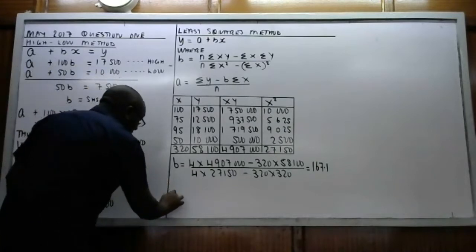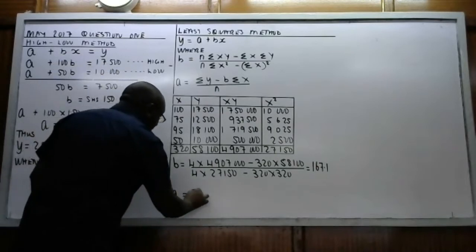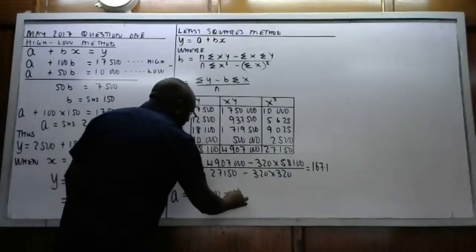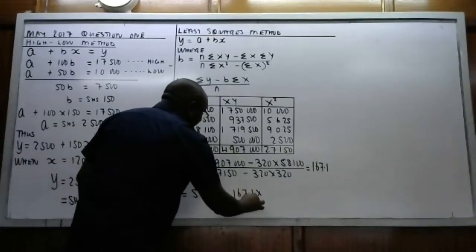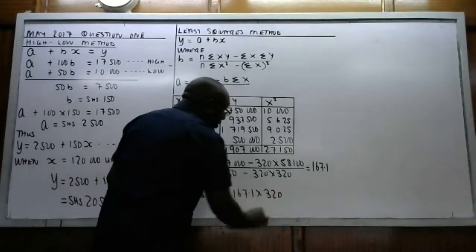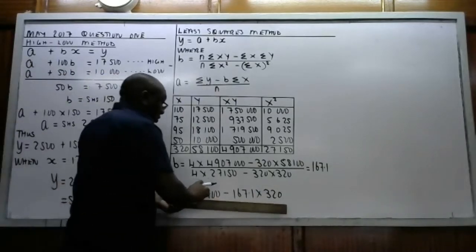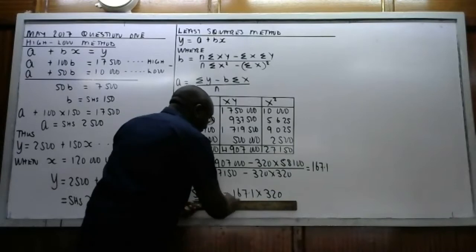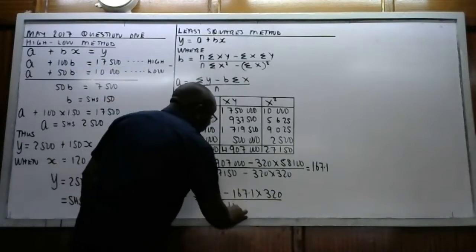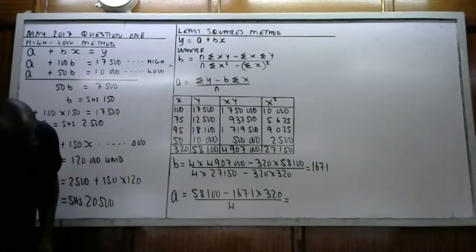Okay, then A will be sum of y, which is 58,100, minus 167.1 times sum of x, which is 320. You divide all this by 4.